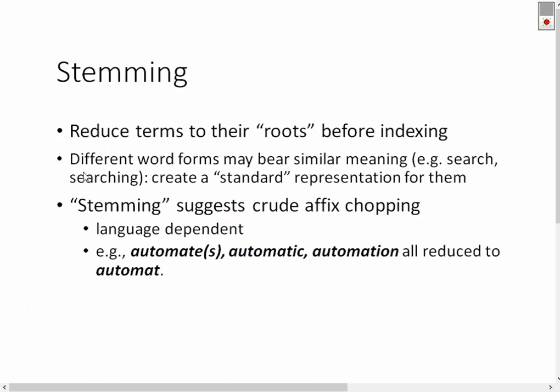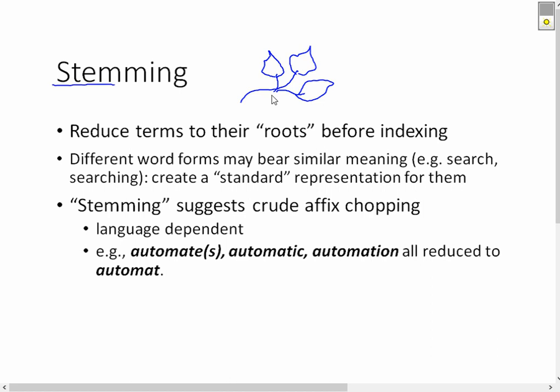Stemming, the next thing. I want to give you this visual. If you ever think about a branch on a tree, and off the branch comes a series of leaves. Well, the thing that all of these leaves attach to, we can refer to as a stem.